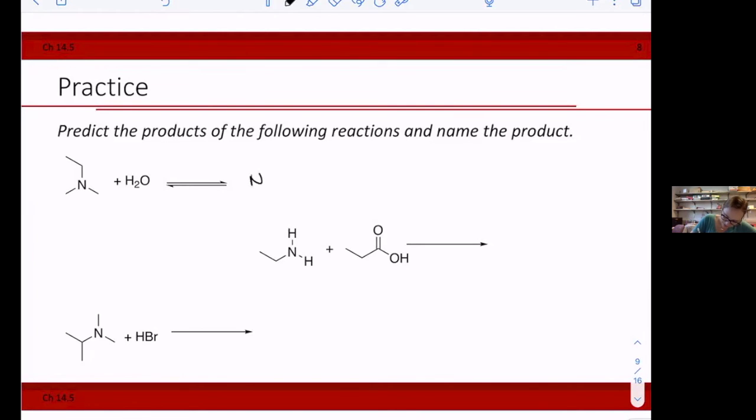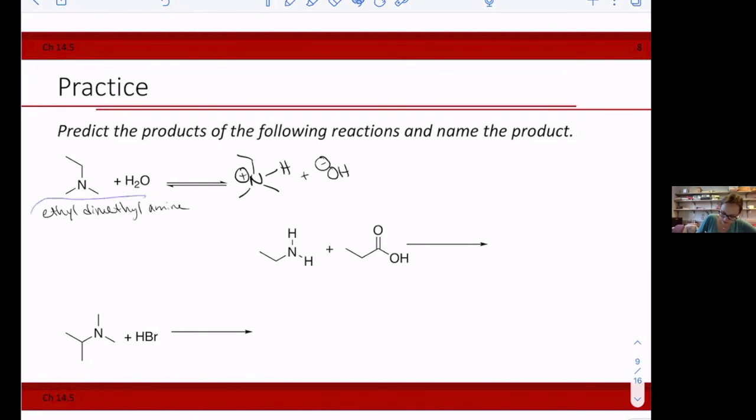So I'm going to draw my same amine, add my hydrogen and put my positive charge. And then with that, I have my OH minus to show that I have the counter ion necessary for that. Okay, and then the name of this. So we had over here ethyl dimethyl amine.